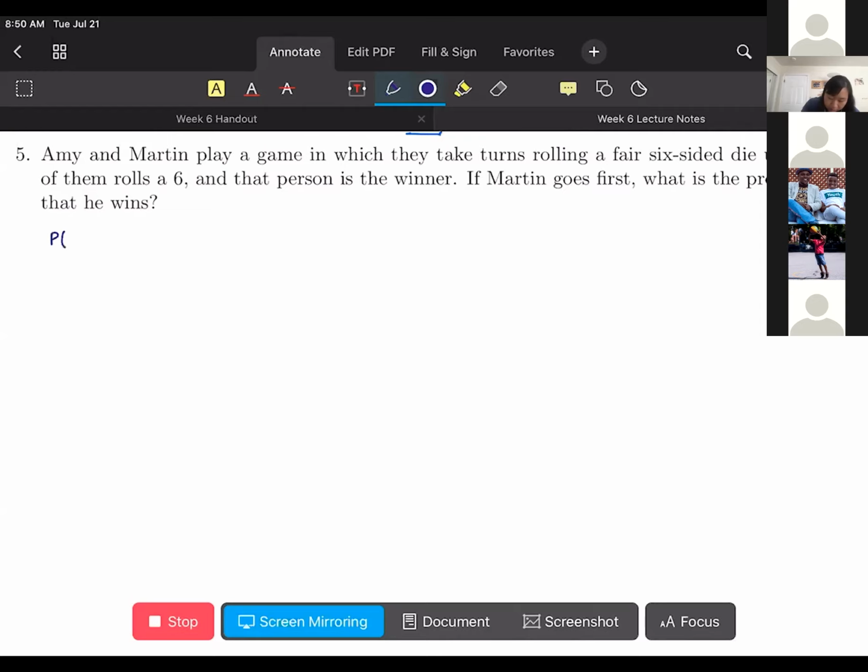So we want to write down the probability that the first 6 occurs on roll, let's say, n. That means we first roll n minus 1 non-6s, and then we roll a 6.